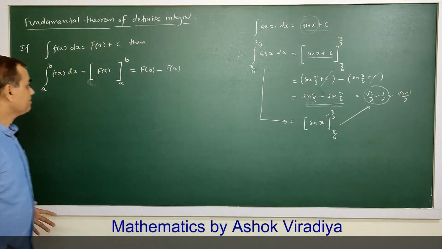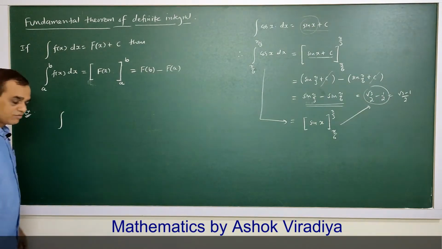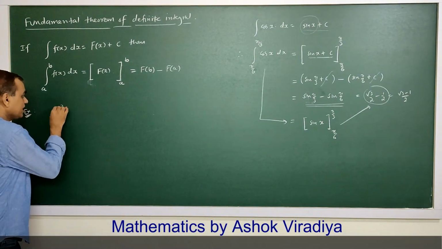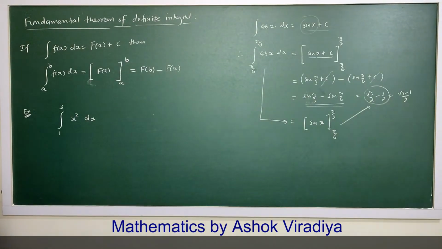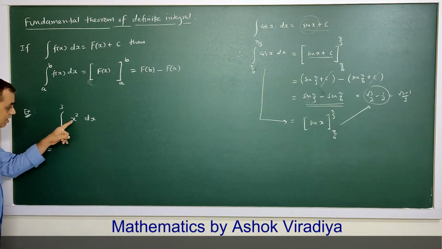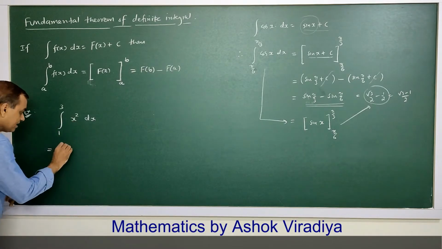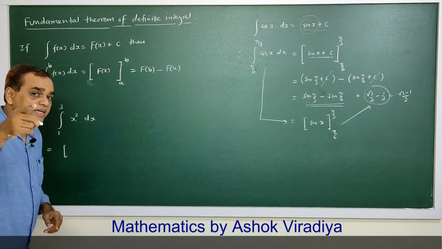As an example, suppose the integral from 1 to 3 of x square dx. To find the definite integral of this function over 1 to 3, the integral of x square is x cube plus c. It is an indefinite integral.